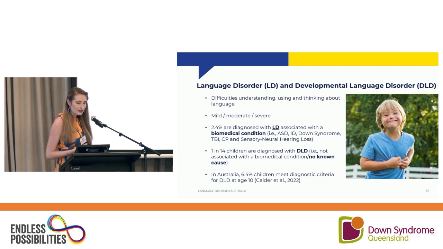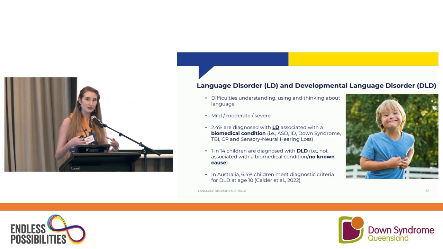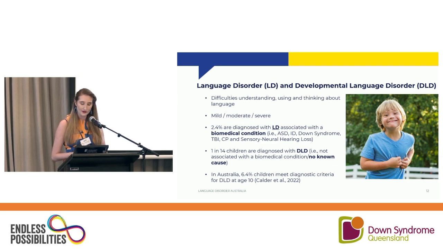Now, specifically with terminology, we use the specific term language disorder associated with a condition when there is something like a primary diagnosis such as ASD, an intellectual disability, Down syndrome, it might be a traumatic brain injury, cerebral palsy, or sensory neural hearing loss.